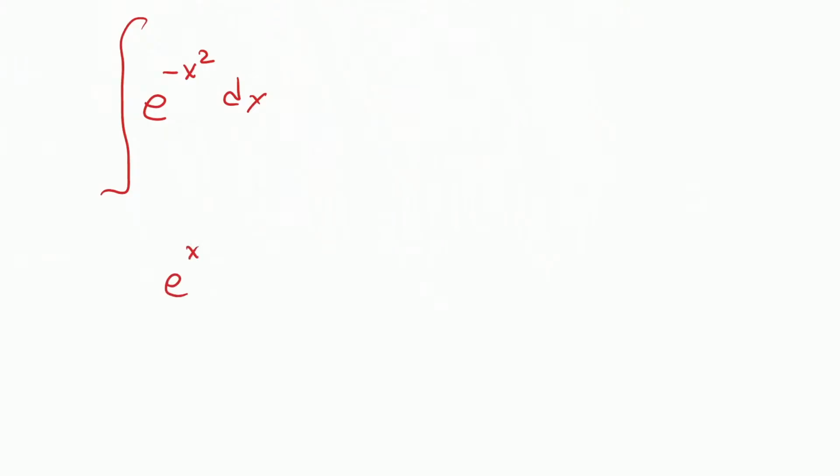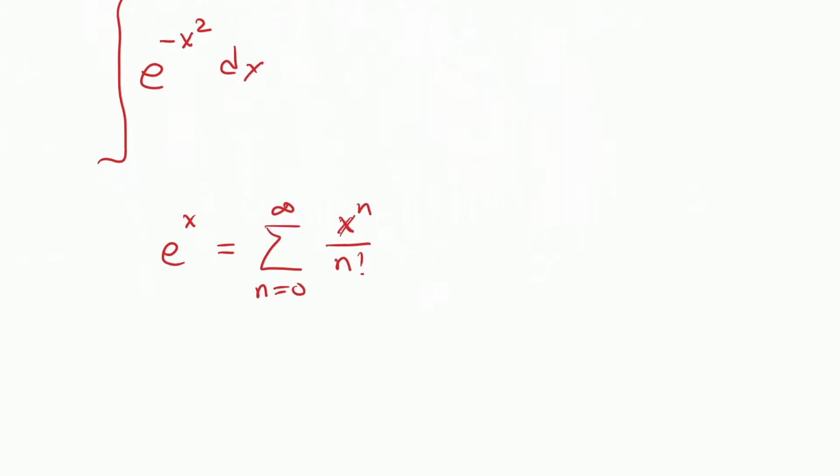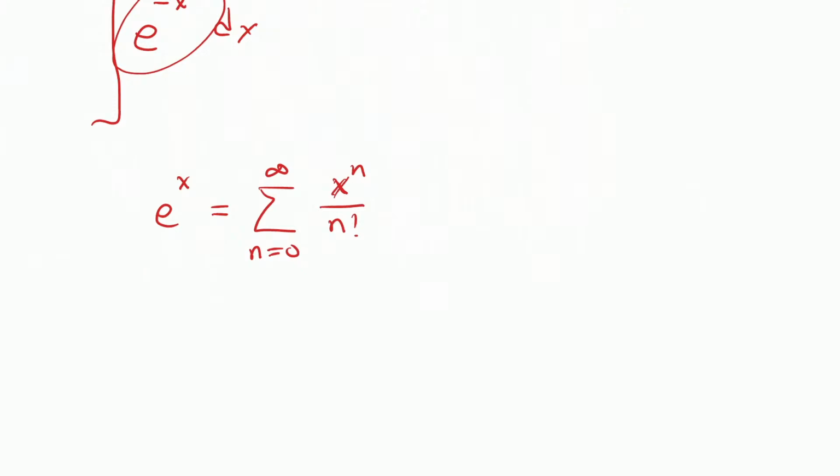So e to the x is going to be this summation. I know I've got this one memorized, the same as the book, so I won't bother looking. That's the Taylor, or the Maclaurin series for e to the x. And if I want e to the negative x squared, all I'll do is change the x here to negative x squared.